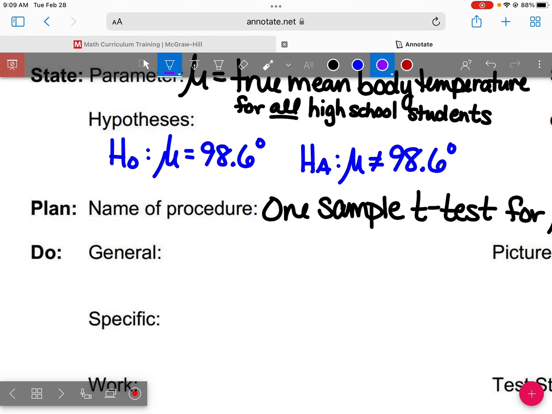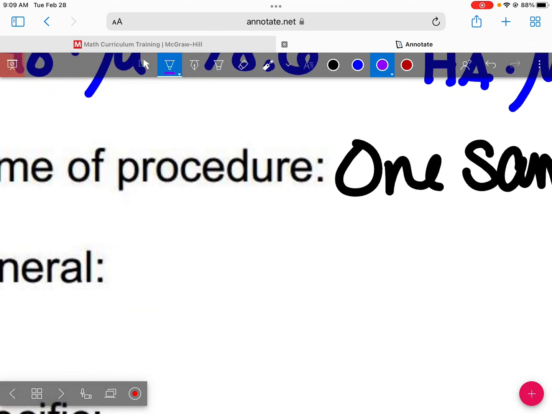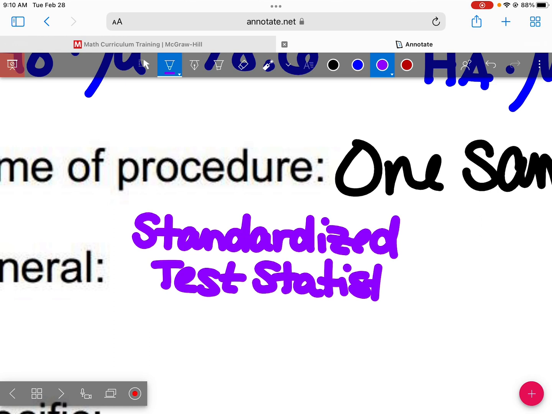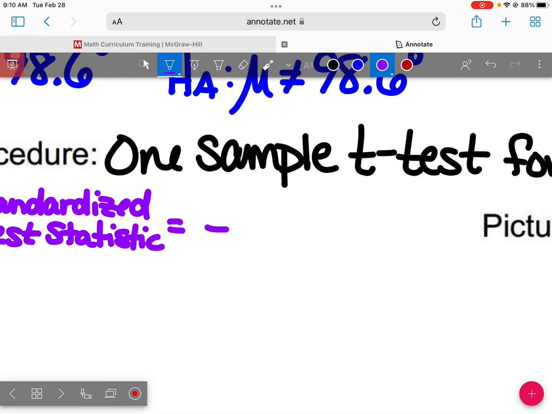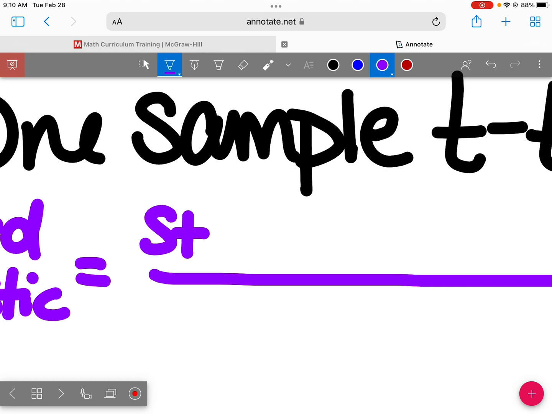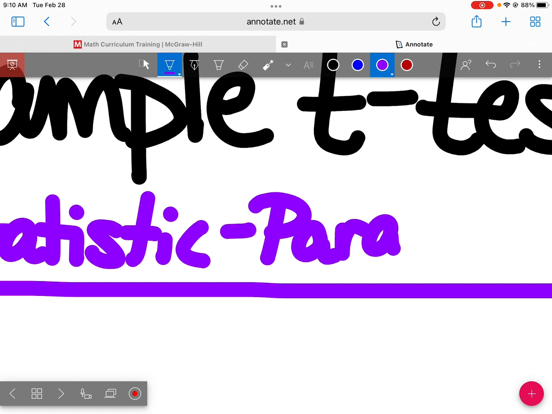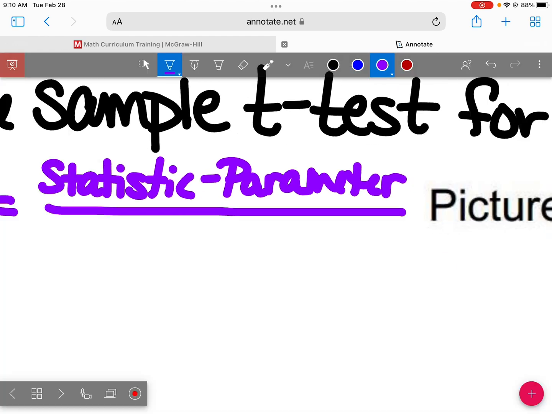What is my general formula when I'm doing a significance test? This is true whether it's for parameters or means. Standardized test statistic is equal to the statistic minus the parameter over the standard deviation.